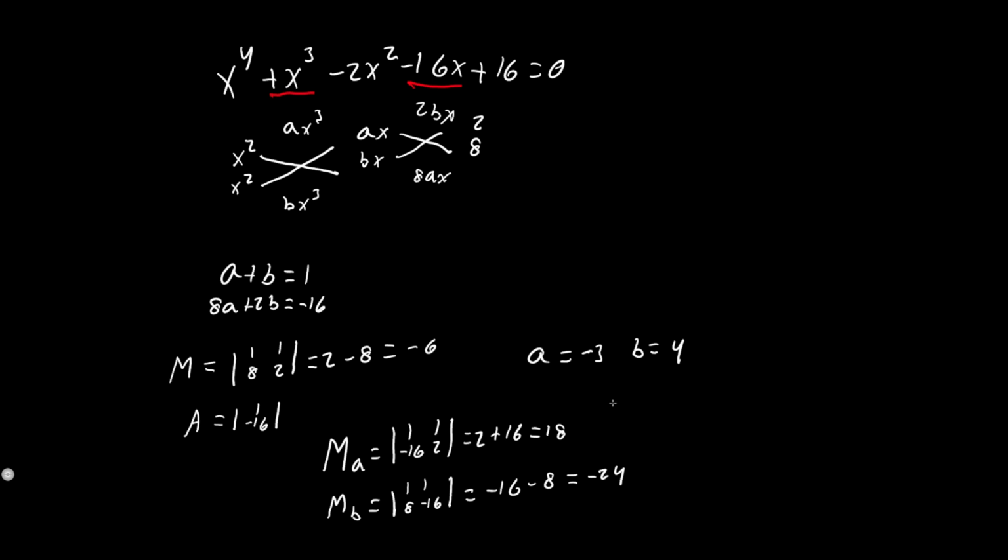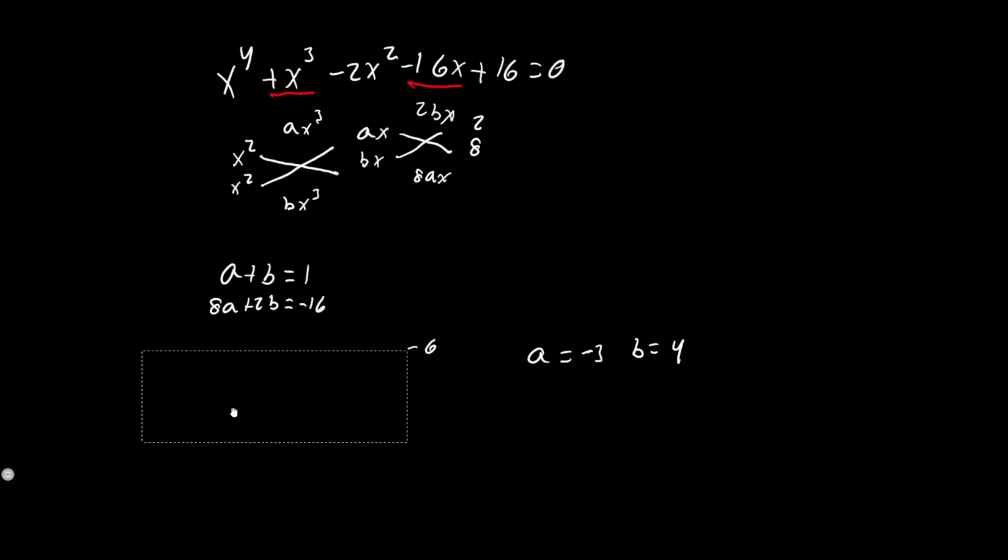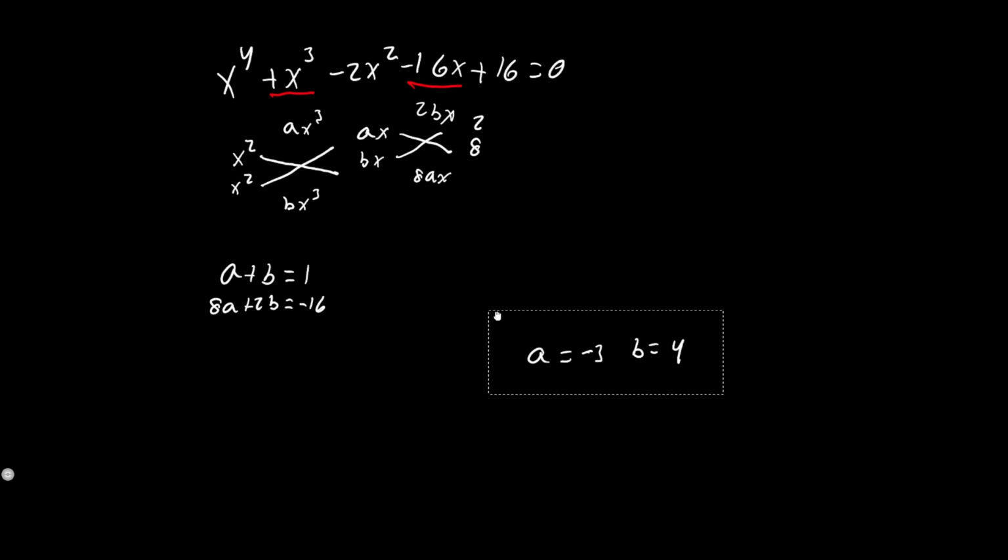So we're going to just erase this. So we have A is equal to negative 3, and B is equal to 4.